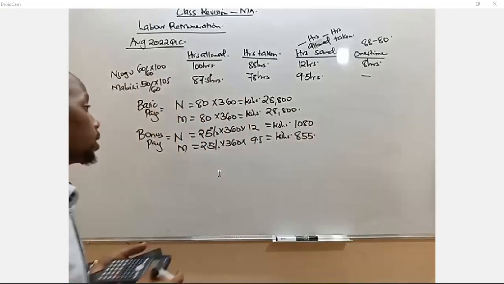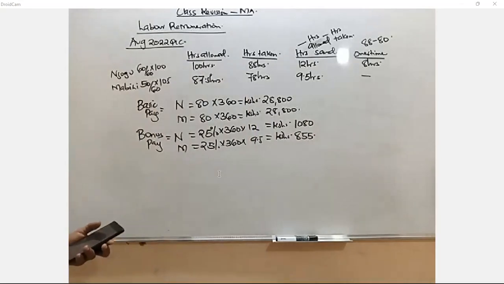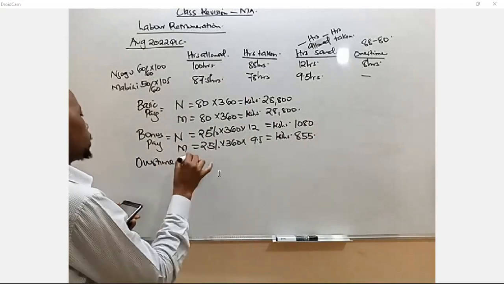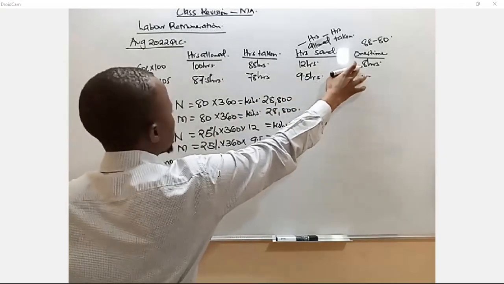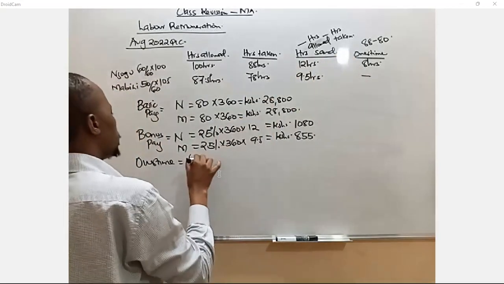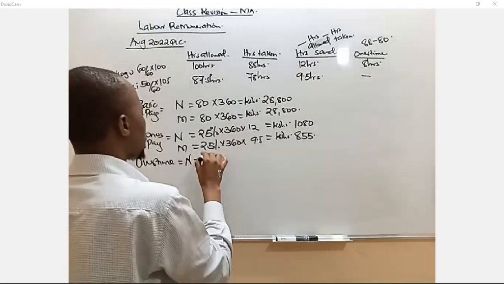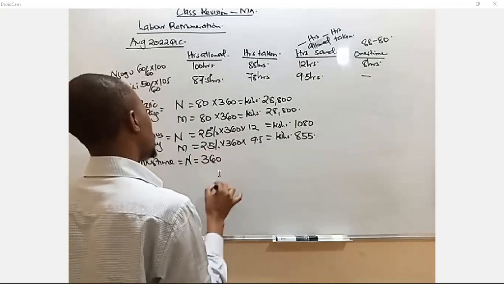Right? Once you finish doing so, also you need to calculate your overtime. Now overtime is for one person, right? He has the job. So in note number 3, we are being told the hours worked in excess were paid at the basic wage rate plus 2/3. What does that mean? The wage rate is 360, right?